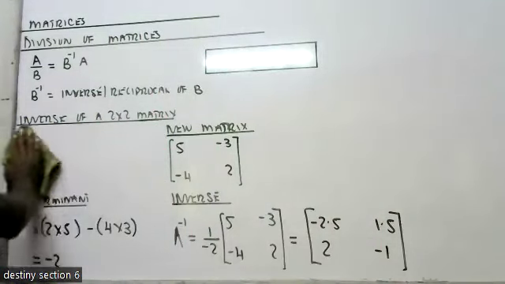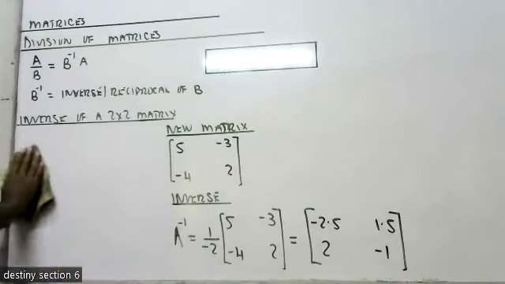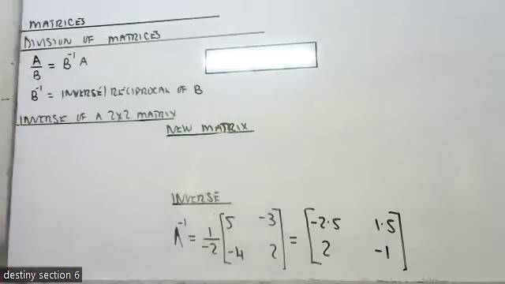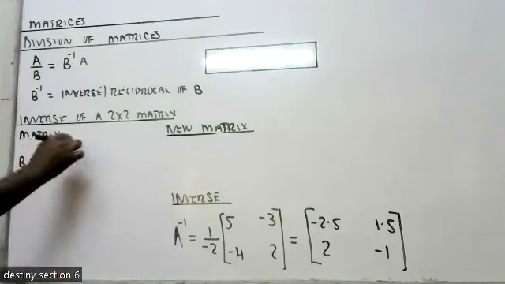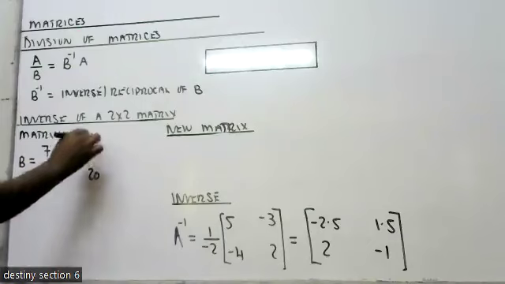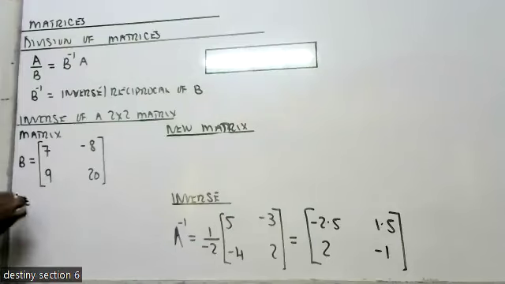Example number 2. If you have a matrix B, which is 7, minus 8, 9, and 20, if you are given a matrix like that one, the first thing is to get the determinant.